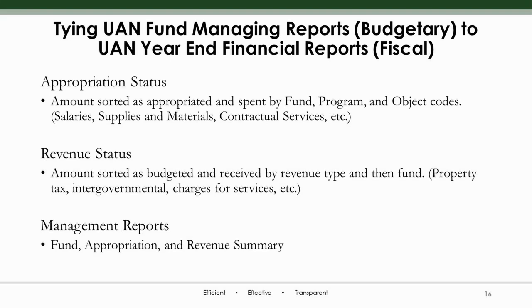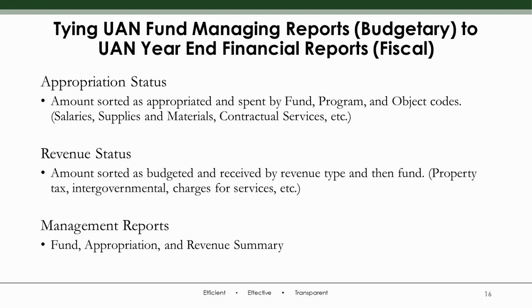Now, we already looked at the appropriation status and the revenue status reports, but those amounts can be run through a sorting, which would then allow us to see them by fund, program, and object code, as well as the revenue status report to be shown by revenue type.